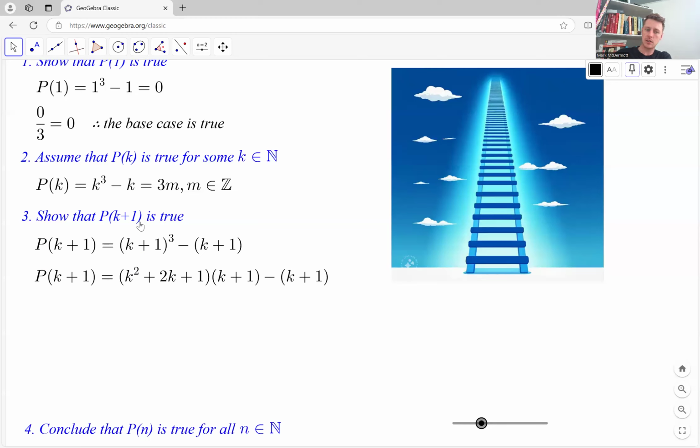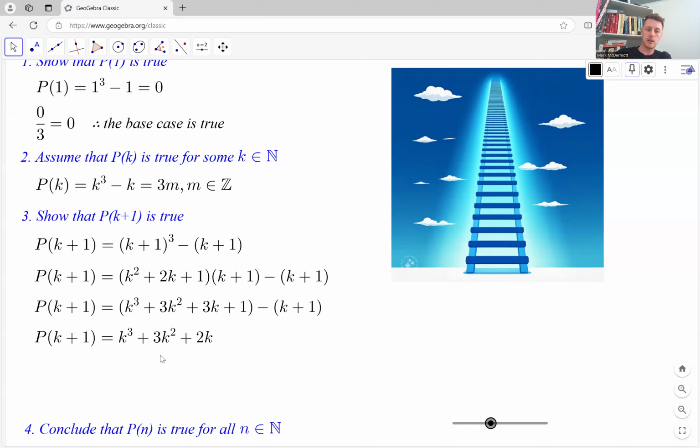Expanding this, it's a quadratic multiplied by a linear factor. Trust that you can work this out: k cubed plus 3k squared plus 3k plus 1 minus k minus 1. It simplifies to k cubed plus 3k squared plus 2k. You notice there's a common factor of k there, so take k out as a common factor. You get k multiplied by k squared plus 3k plus 2.